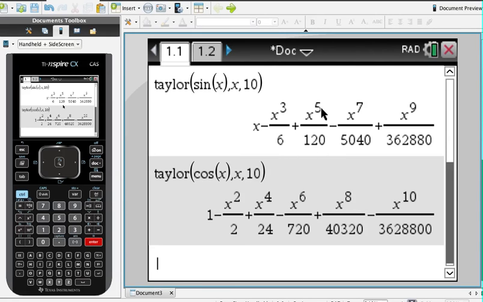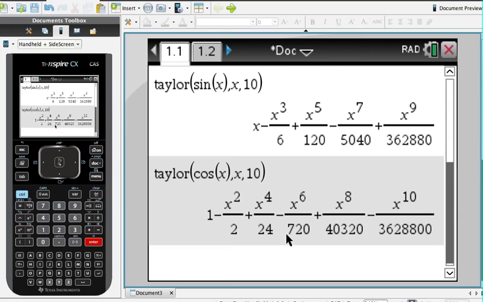Factorials of exactly the exponent. Exponent 5 means you have 5 factorial on the bottom. 6 factorial is 720. And notice that both series are alternating, plus minus plus minus.